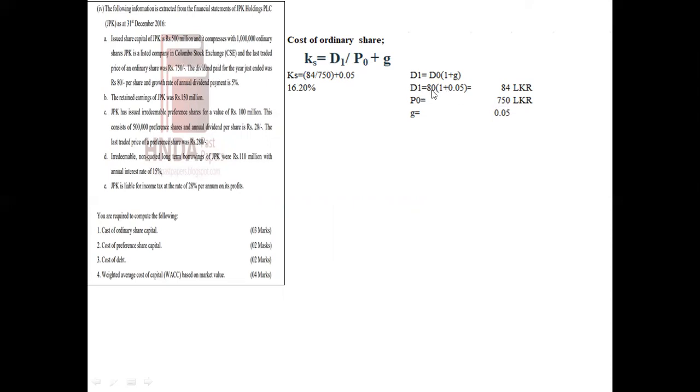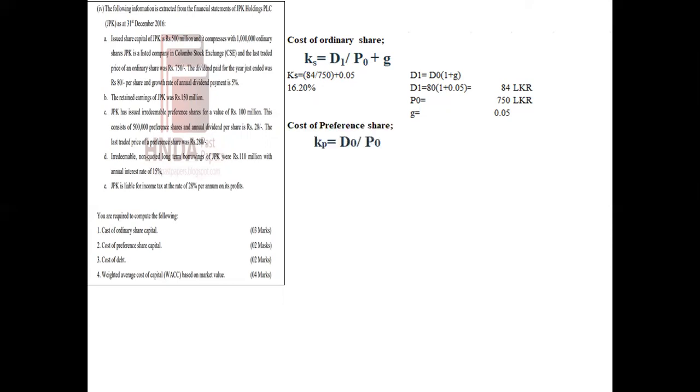As we did, 80 into 1 plus G, or D0 into 1 plus G, it is 84. P0 is 750, G is 5%, that means 0.05. Then we can adapt this equation, and simply we can identify that the cost of ordinary share is 16.2%.